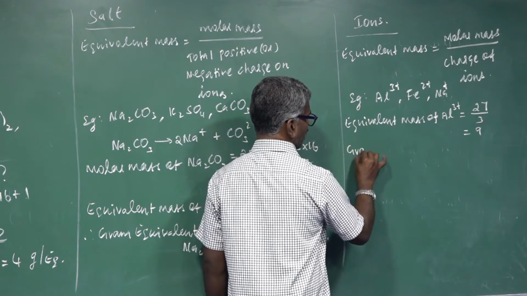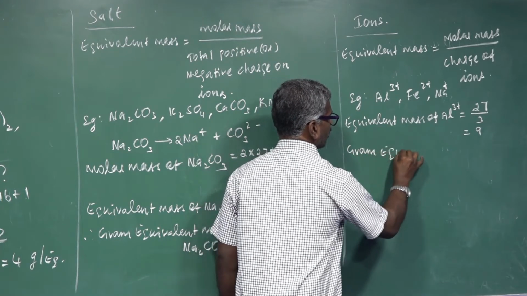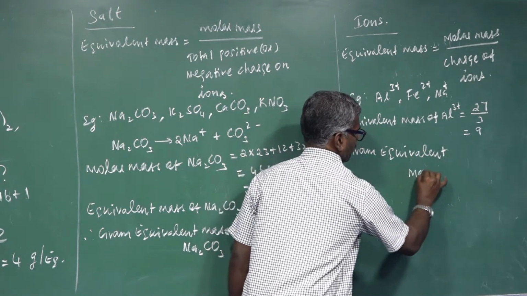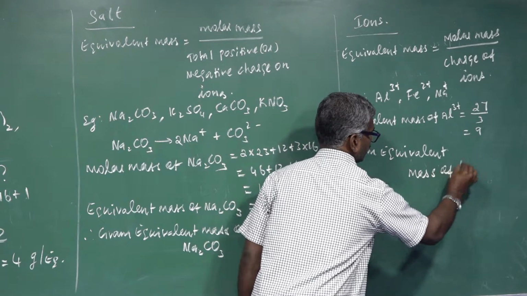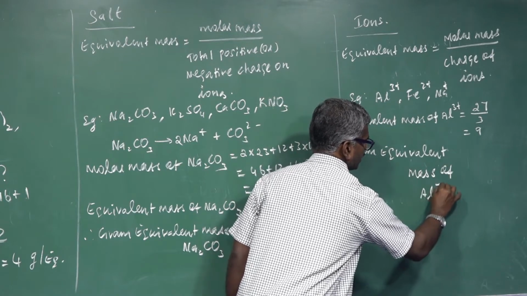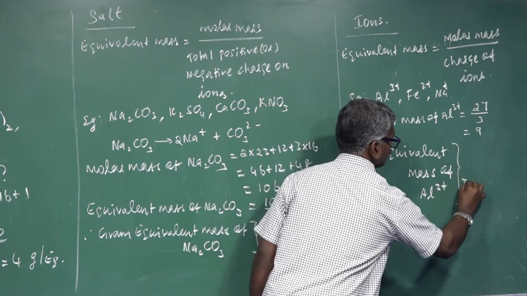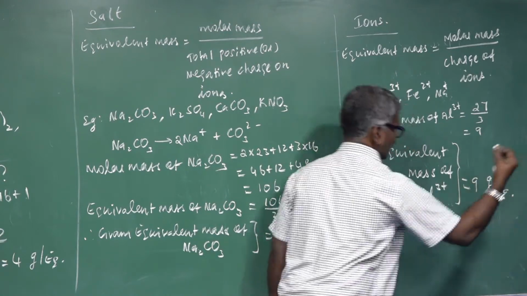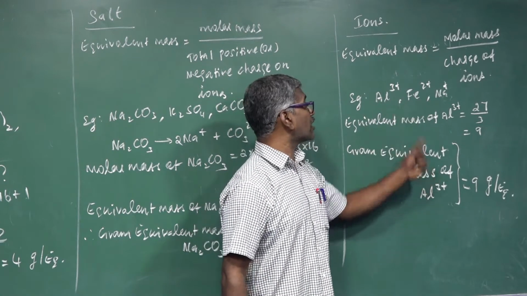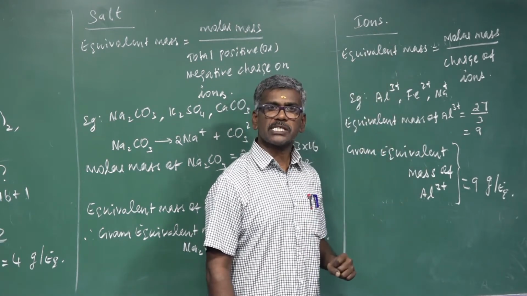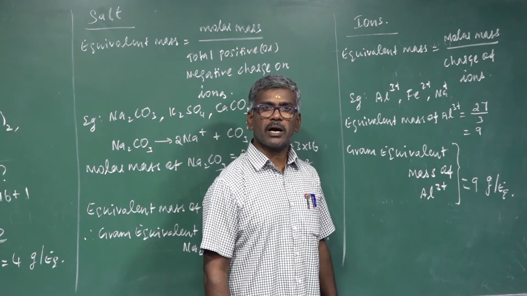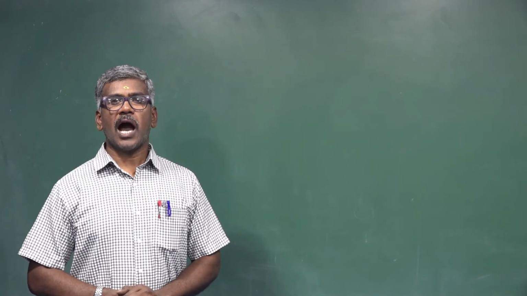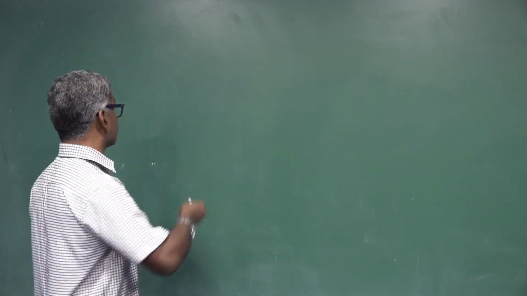So gram equivalent mass of Al3+ should be equal to 9 gram per equivalent. These are the formulas. Equivalent mass of ions should be equal to molar mass divided by charge on the ions. Next concept, oxidizing agent and reducing agent.